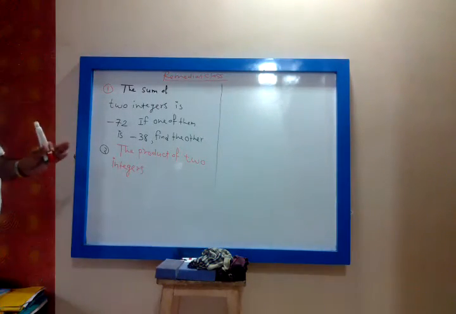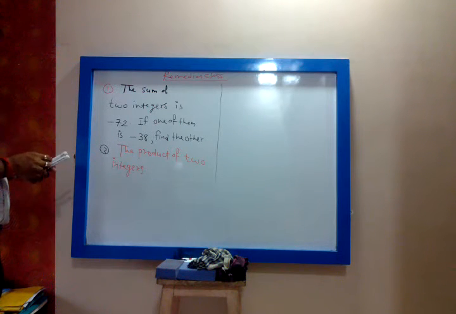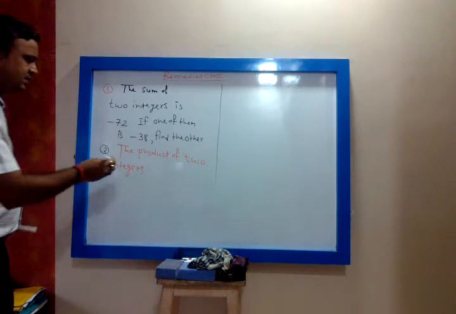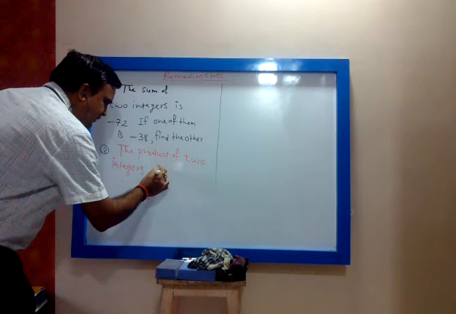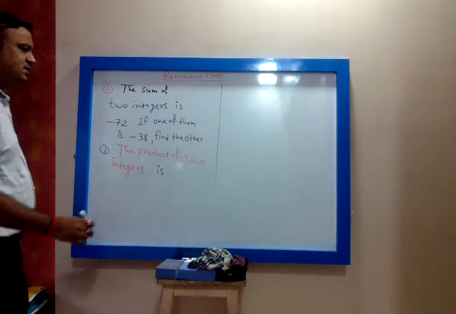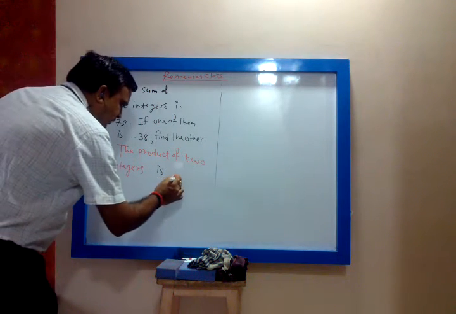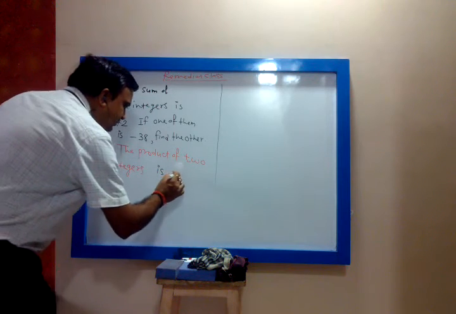The product of two integers is minus 180.